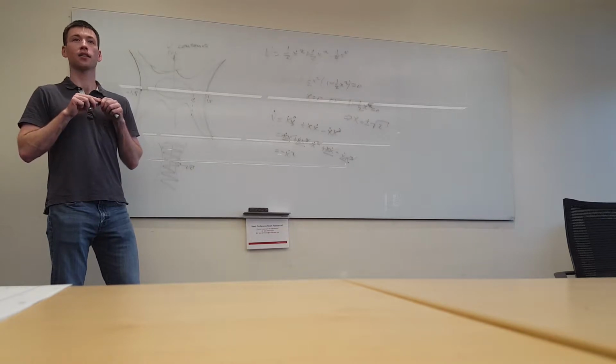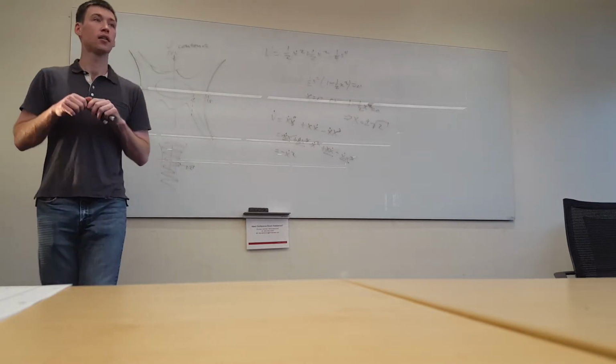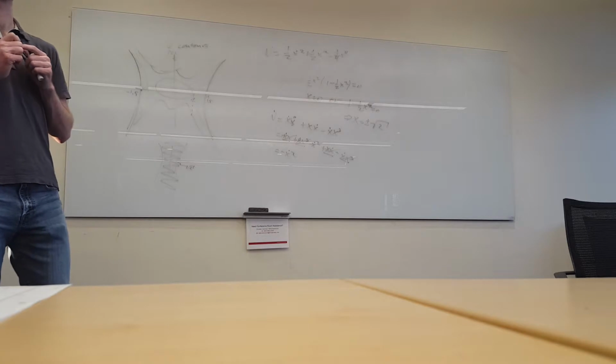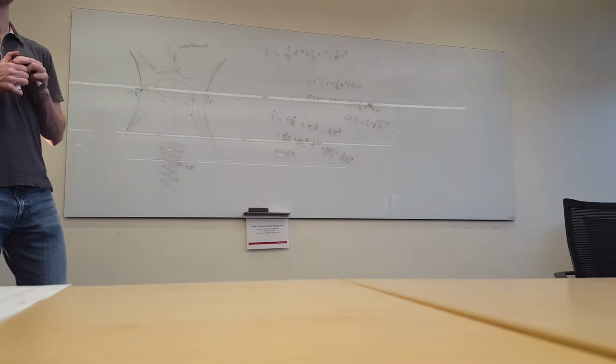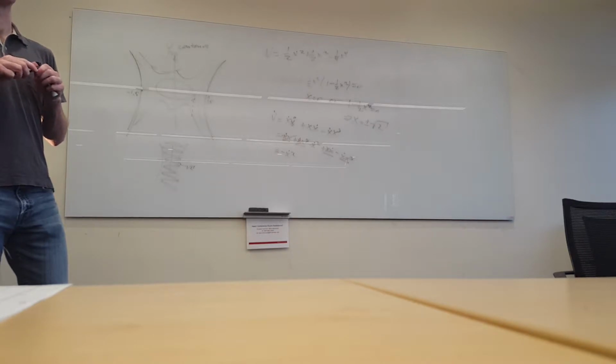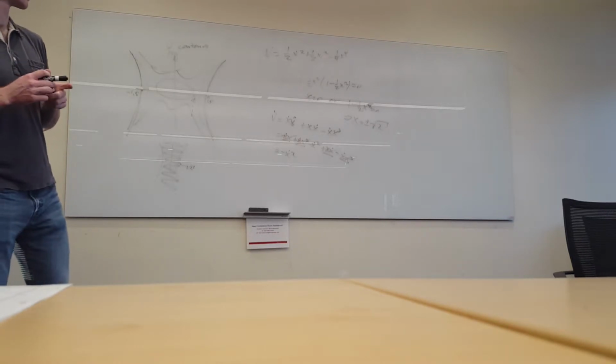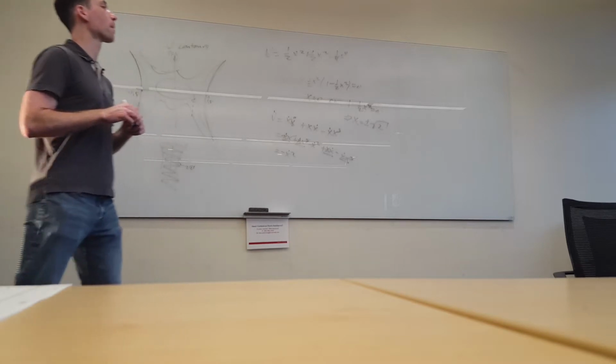What's next? I have a question. Shoot. When it's negative semi-definite, it means that your energy is decreasing. But what does it mean for V to not be positive definite?